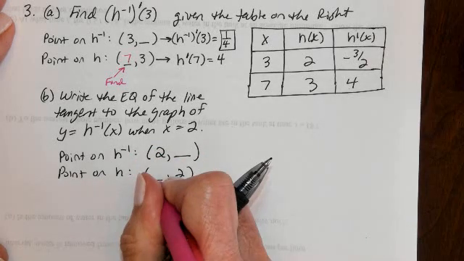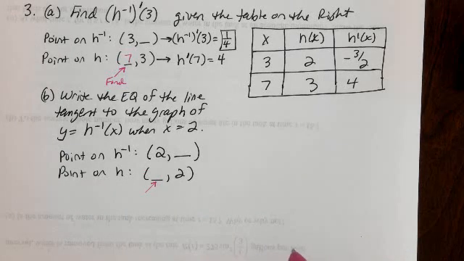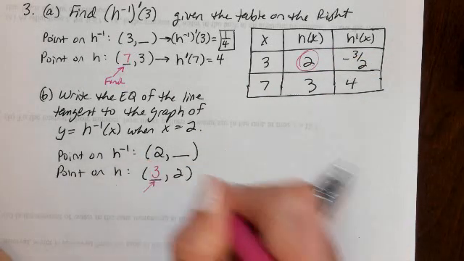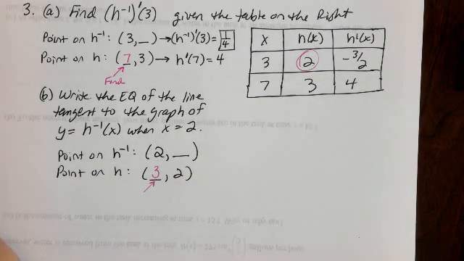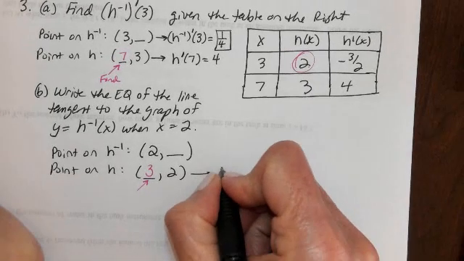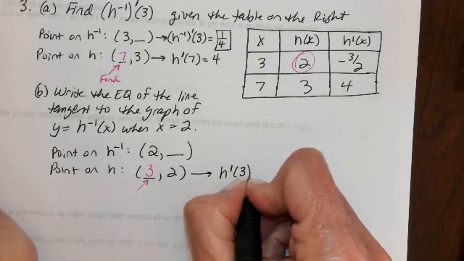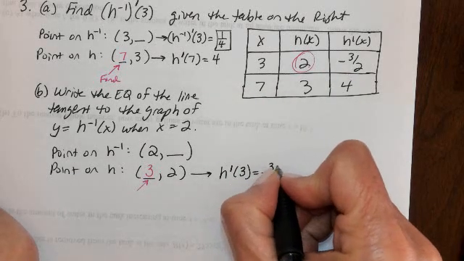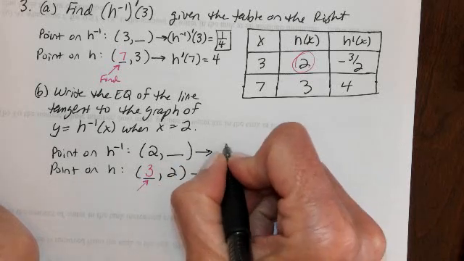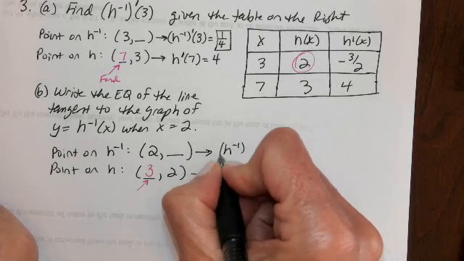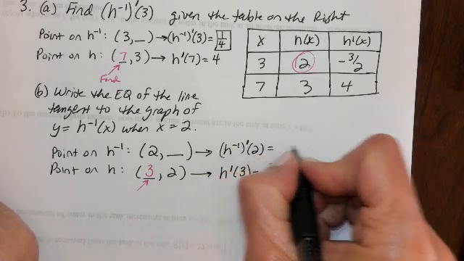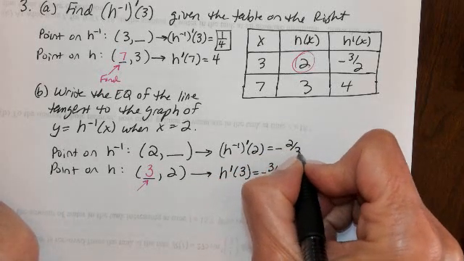Gotta find this guy. So when y is 2, what is x on H? So when y is 2, x is 3. That must be a 3. Which means H prime at its x value, 3, is negative 3 halves. Therefore, the derivative of H inverse at its x value is the flip of that, so negative 2/3.